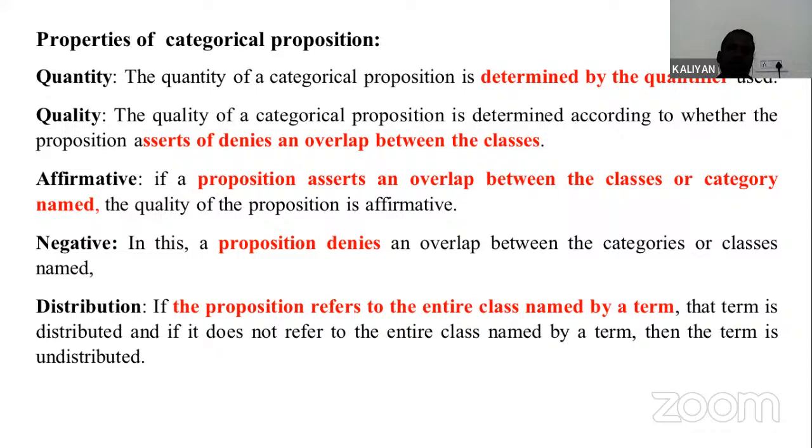Negative is the denial. It starts with the word "no", so it denies; the proposition denies an overlap between categories or classes. Distribution is when the proposition refers to the entire class named by the term.